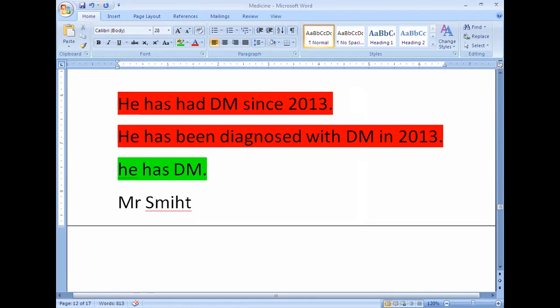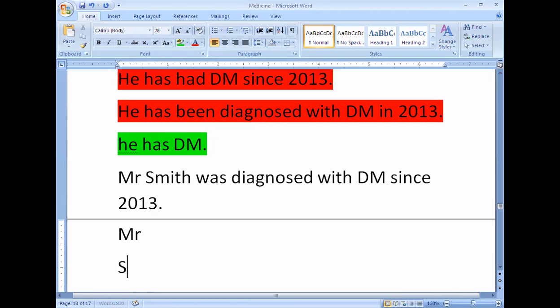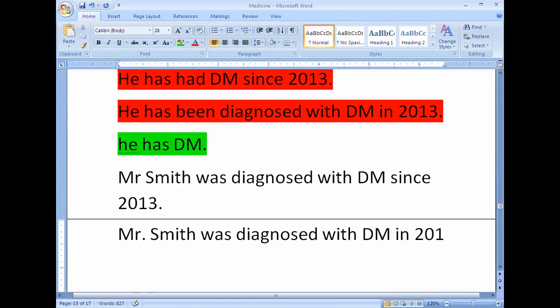Mr. Smith was diagnosed with diabetes since 2013, and Mr. Smith was diagnosed with in 2013.